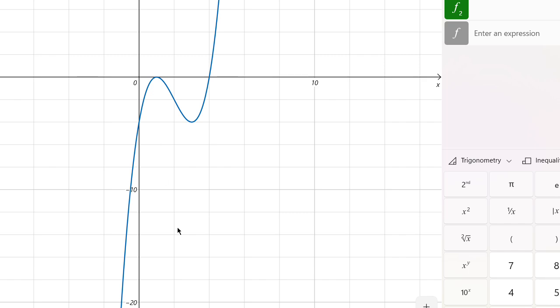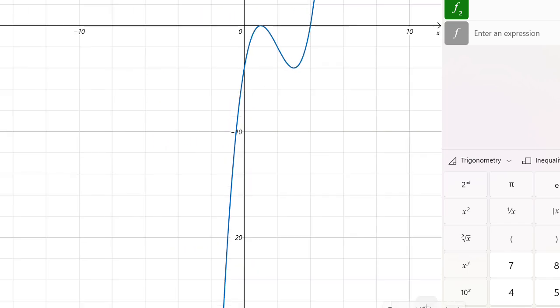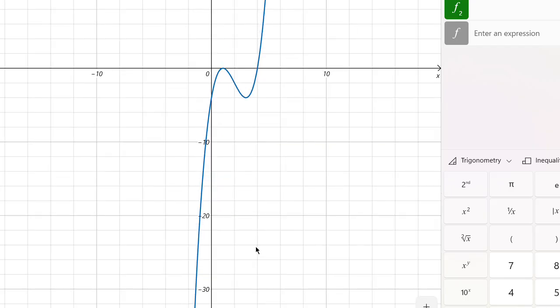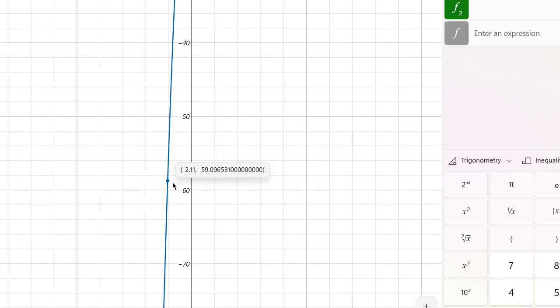Minus 2 comma what? Let me minimize it so that you can see it clearer. At minus 2, we have minus 54. Are you seeing it? That is the lowest across the entire domain. Minus 2 comma minus 54.